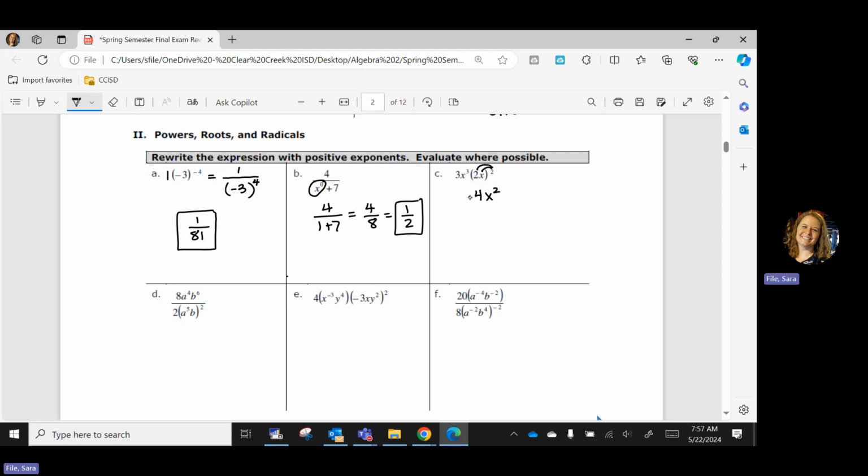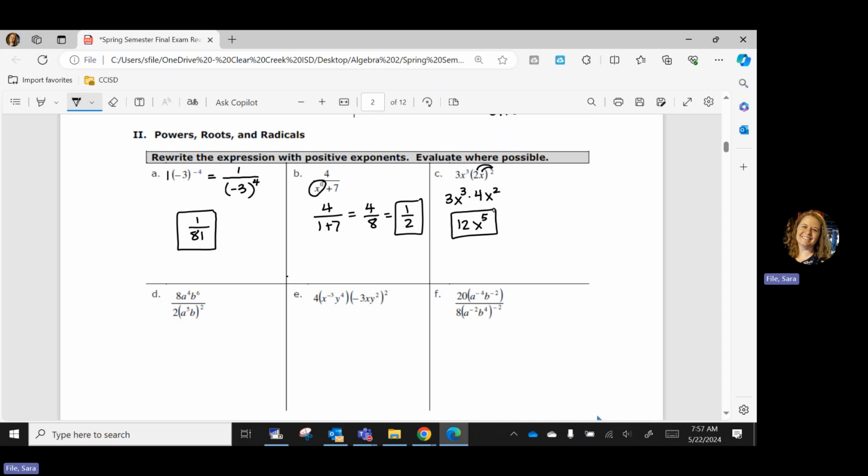So that's that part, and we're still multiplying this by 3x cubed. So when you are multiplying, you'll multiply your numbers, your coefficients, so 3 and 4, that's 12. And when you're multiplying like bases, like they're both x terms, you add the exponents. So that is x to the 5th.